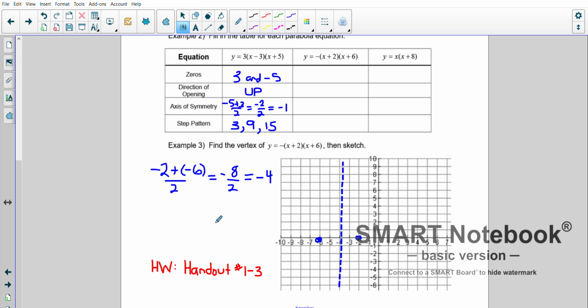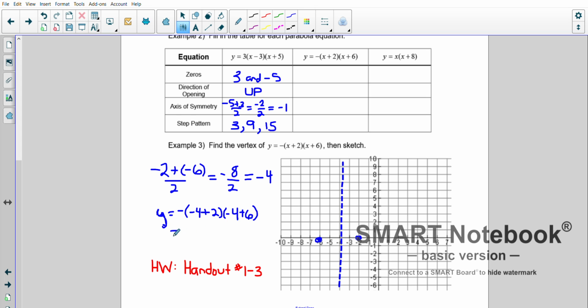So now I need the y value. Well, I know that the vertex is going to be on here. I just need to know where. So what is the y value when x equals negative 4? So I'm just going to put x equals negative 4 into this equation. What does y equal? I guess I should get it off this dotted line. Y equals negative 4 plus 2, negative 4 plus 6.